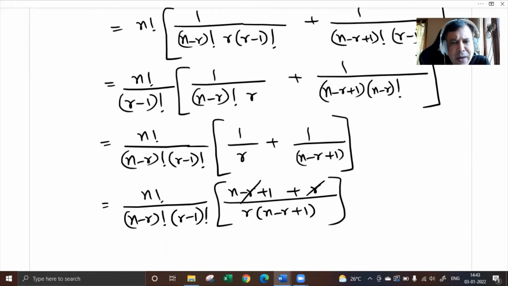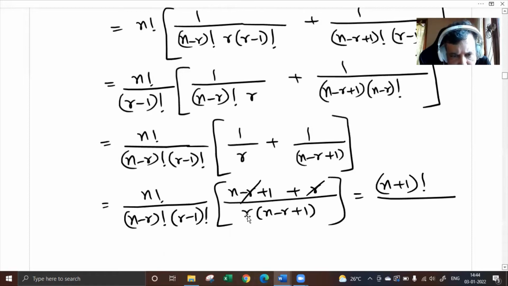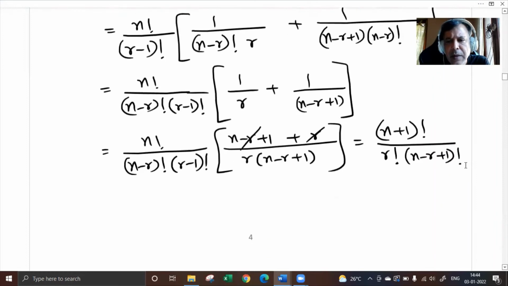So (n plus 1) into n! is nothing but (n plus 1)! divided by, here we may notice r is there, (r minus 1)! is there, that can be written as r!. Then we may notice here n minus r plus 1 is there, (n minus r)! is there, which is nothing but (n minus r plus 1)!, right?